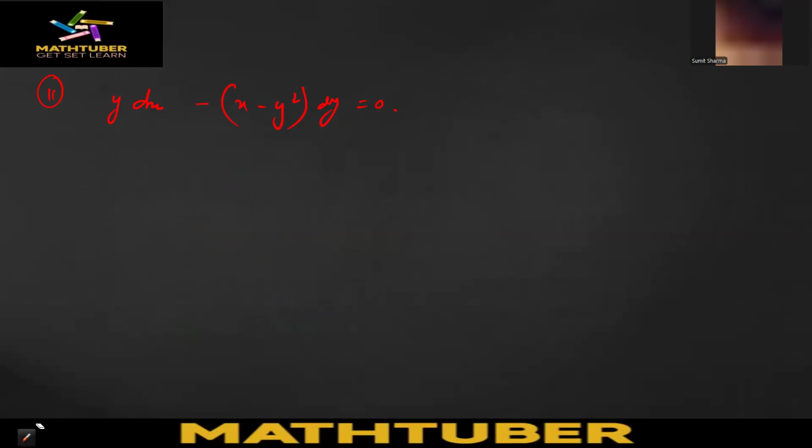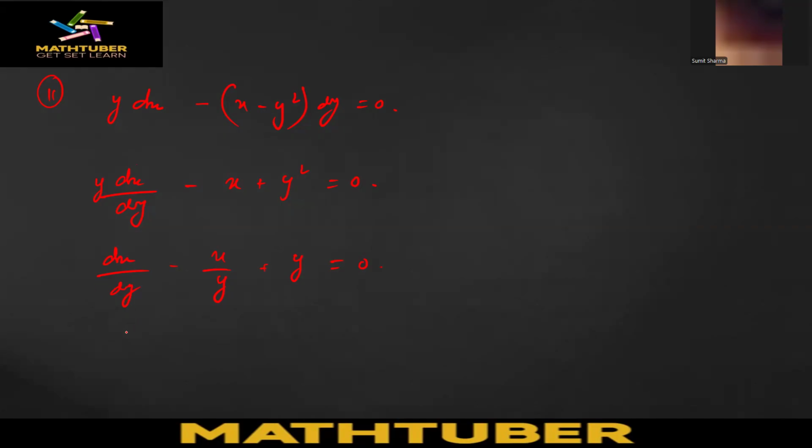So divide the whole equation by dy. You will get y into dx upon dy minus x plus y square equal to 0. Then dividing the whole equation by y also, because we want the coefficient of dx upon dy to be 1. So this is dx upon dy minus x upon y plus y equal to 0.